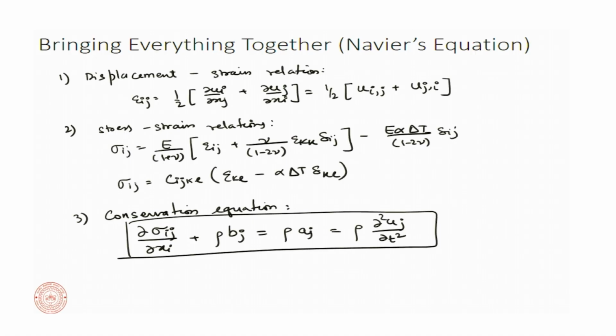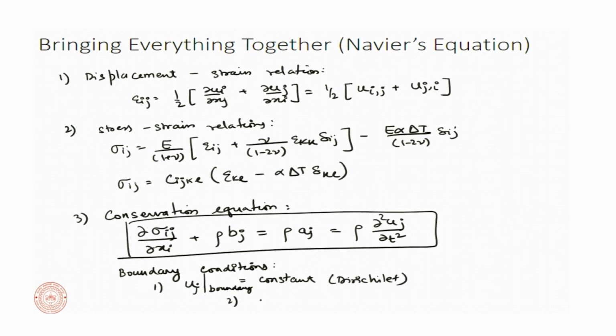Typically our boundary conditions can be of 2 types. We can have one in which the u at the boundary is equal to a constant u of i or u of j, however you would like to use it. This is a Dirichlet condition.